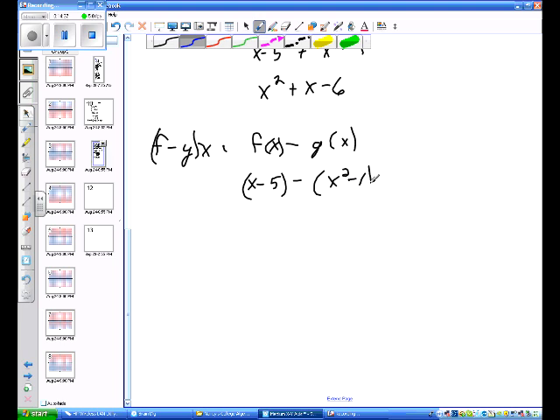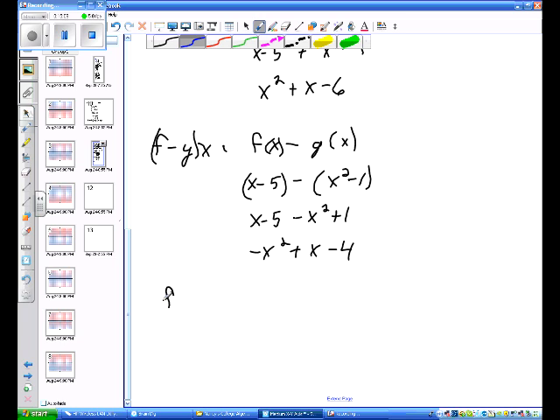Now, it's very important that we put our g of x in parentheses, especially. We need to put them both in parentheses, but especially we need to put our g of x in parentheses because we're going to be subtracting. So as we remove those parentheses, we'll multiply by negative 1. Then we can combine like terms and put this in descending order. So x squared plus x minus 4.